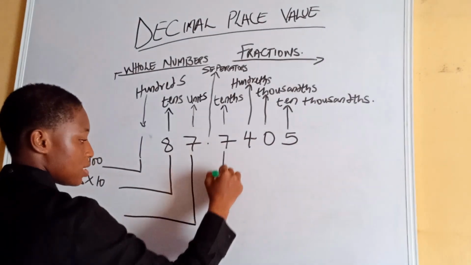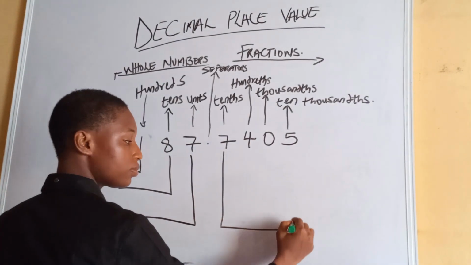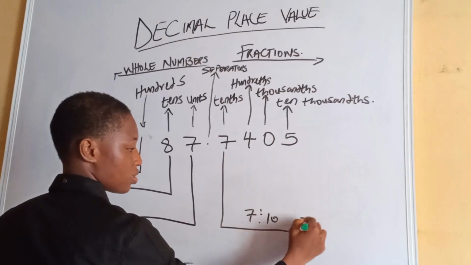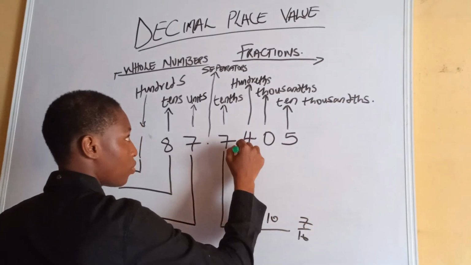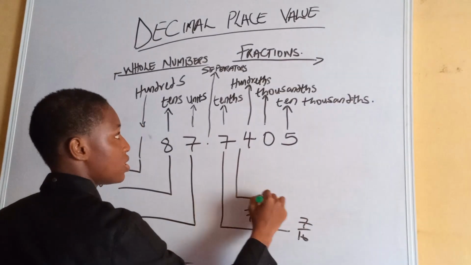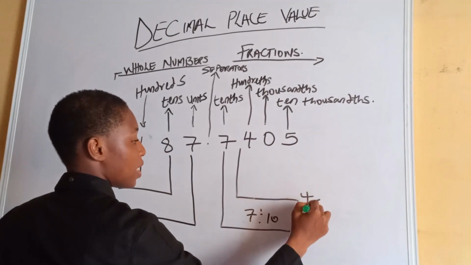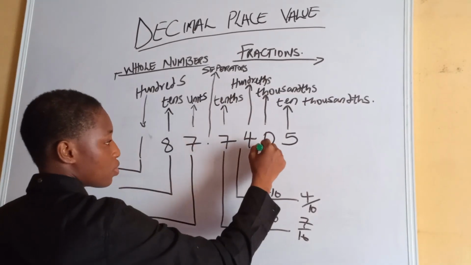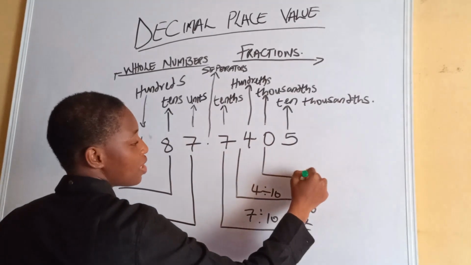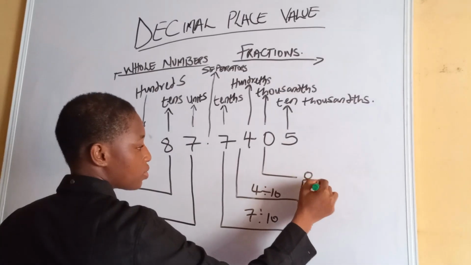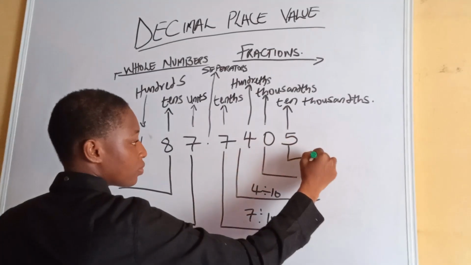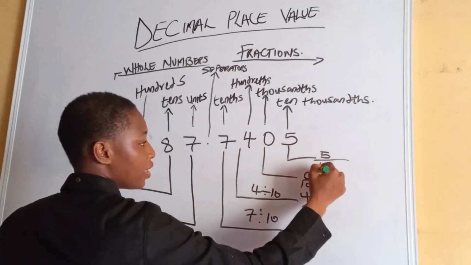Your tenths is 7 divided by 10. So that's 7 over 10. For the hundredths, it is 4 divided by 100. For the thousandths, that is 0 divided by 1,000. And for the 10,000ths, we have 5 divided by 10,000.